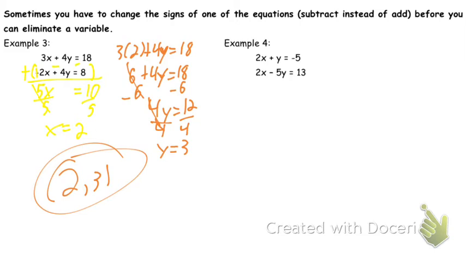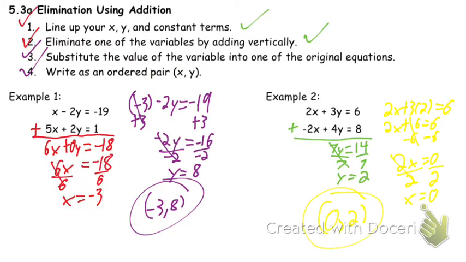Questions on that one? Okay. Now, in order for these to be ready to eliminate, we needed them lined up, and we needed one of the variables to have the same coefficient, but then to be different signs. If we go back to our previous ones, the y's on example 1 were the same coefficient 2, different signs, negative, positive.